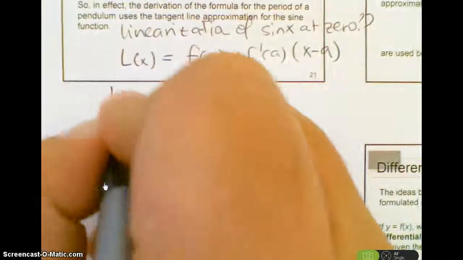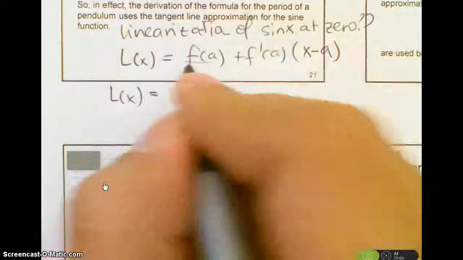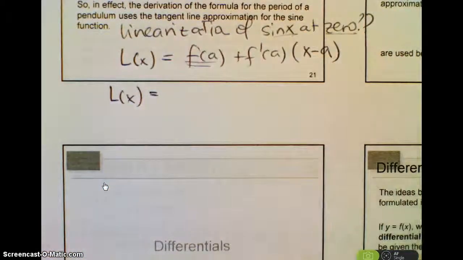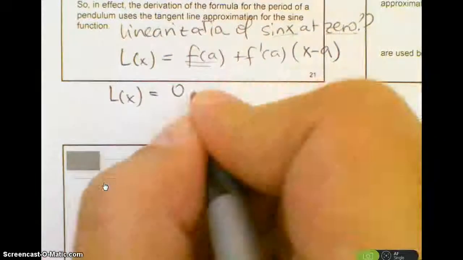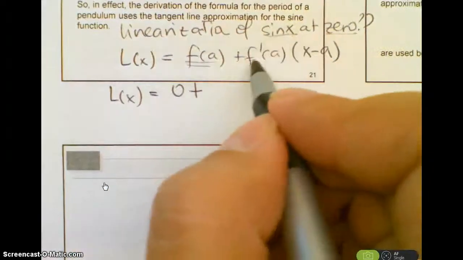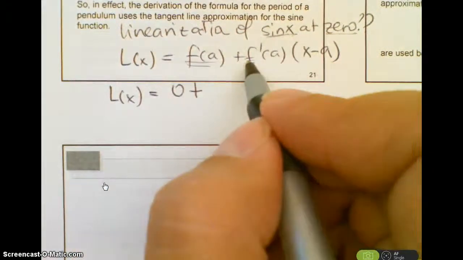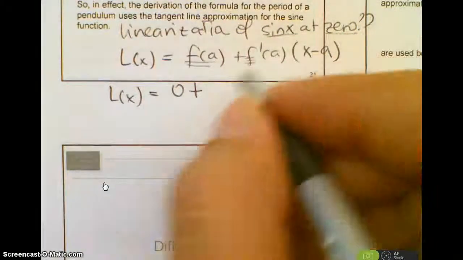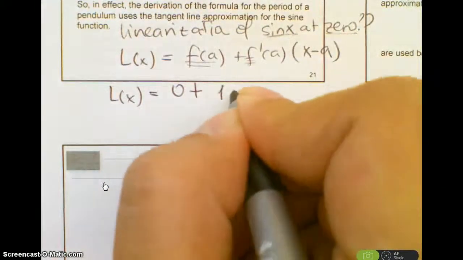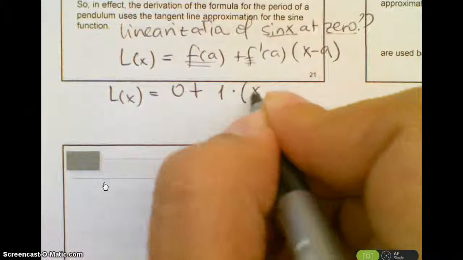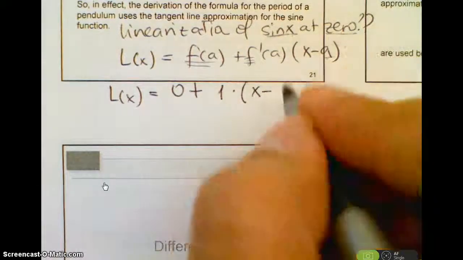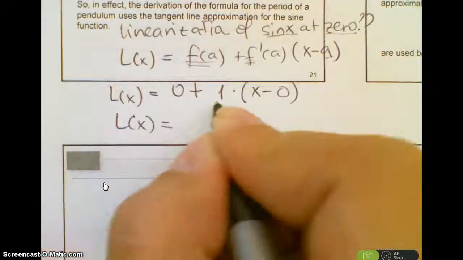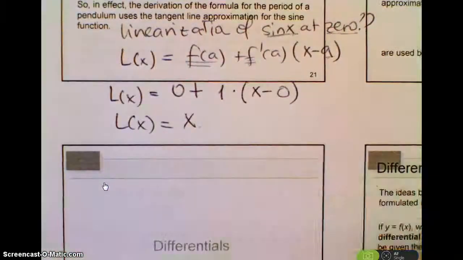The linearization is f of a, that will be sine of 0. How much is sine of 0? That's 0. Now the derivative of sine is cosine. So that will be cosine of 0, which is 1, times x minus a, how much is a? 0. So linearization is 1 times x, that is x.